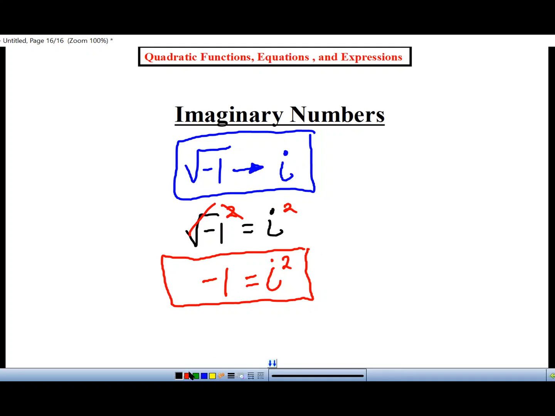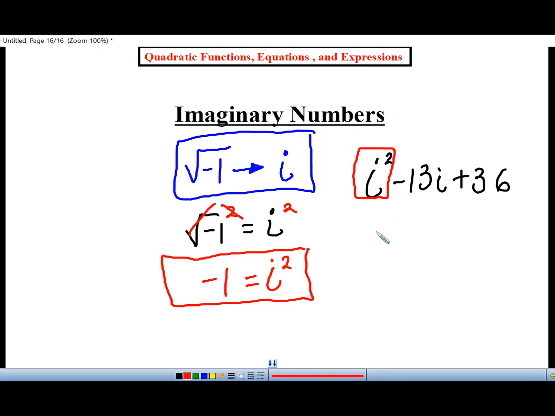Now, how does that look, Mr. Q? Well, remember in the warm-up for the multiplication part, we came up with i squared minus 13i plus 36. You guys remember that? And I said we can do one more step. Is that correct? Yes. So check this out. Now we can do the next step. Notice that we have an i squared.